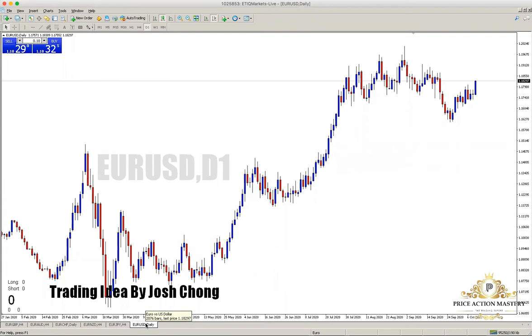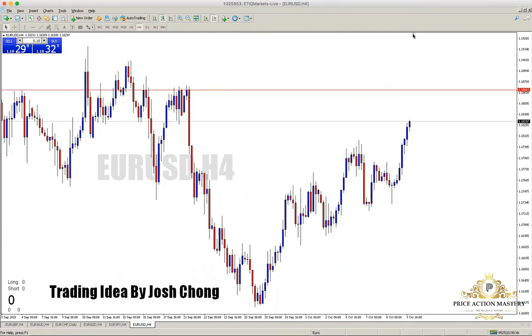For this Euro dollar, the market is going to appreciate. The first seller entry area is over here, our A grade key line area. So we can do the market a favor: look for an opportunity, buy the market and bring the market up to this level, and then your job is done.